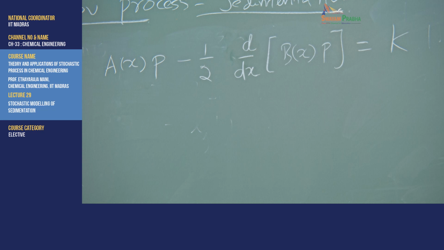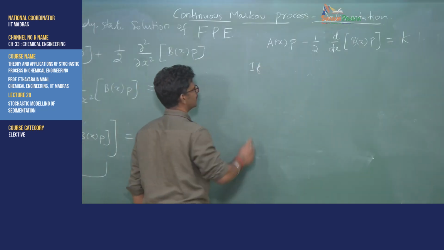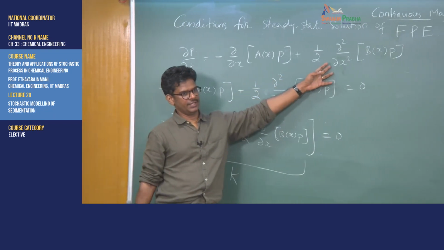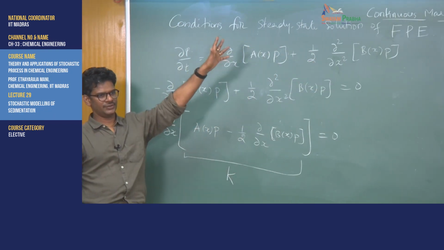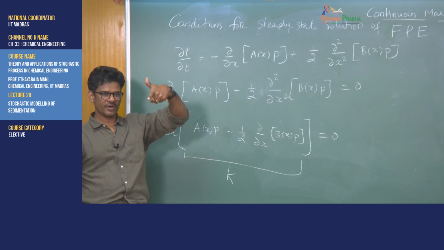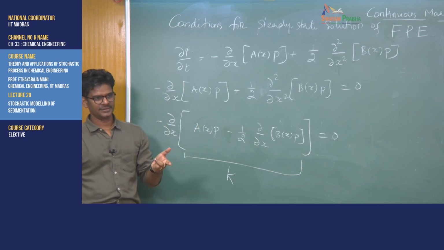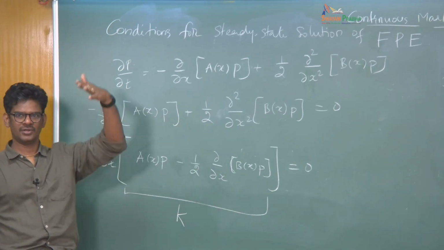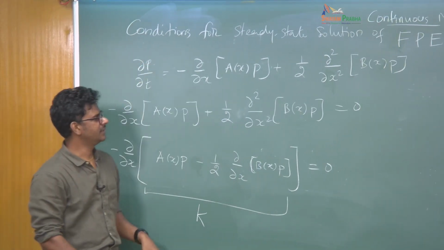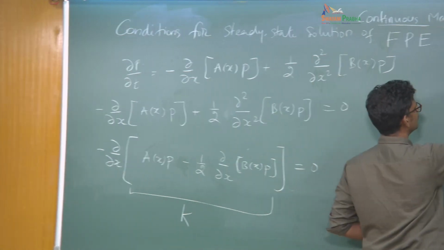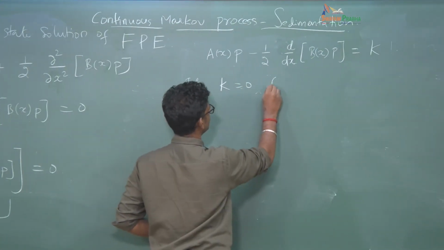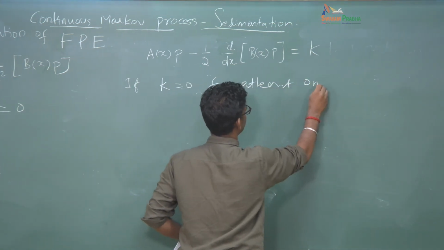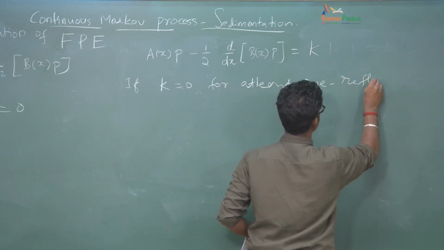Now in this case you actually need two boundary conditions. At two x values you need to have boundary conditions. Suppose one of the boundary conditions is reflecting, like the way we saw in the sedimentation problem, at x equal to 0 or at x equal to some other value, then this constant k will be 0 for at least one reflecting boundary condition.